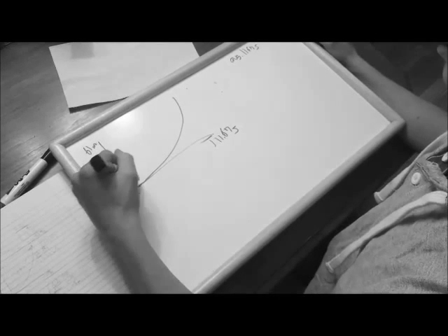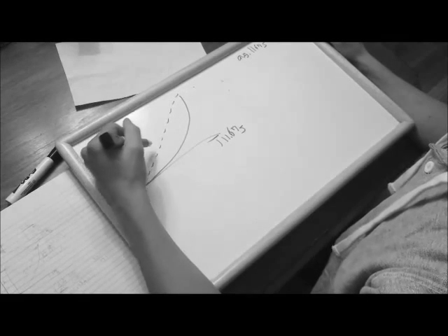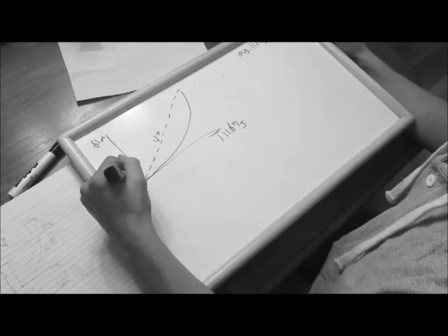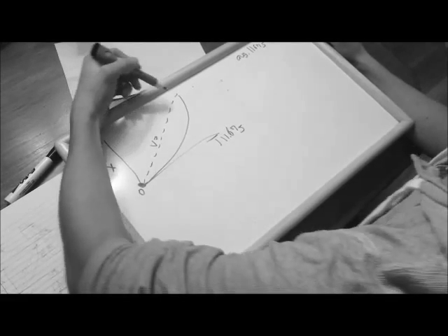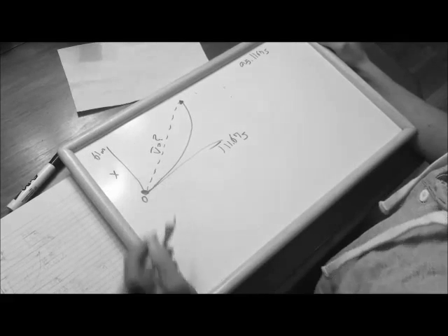And we're trying to find our average velocity here by using the point at our origin and this point here at the end of the hill to find average velocity.